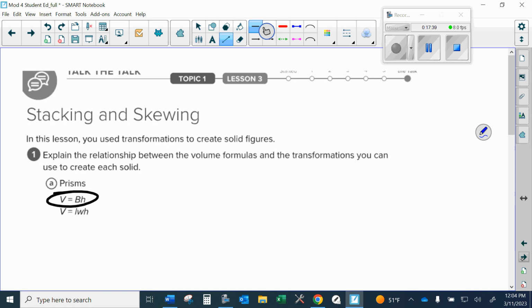Okay, almost done here. Explain the relationship between the volume formulas and the transformations you can use to create each solid. A prism: remember, this is the general formula for every prism or cylinder. This is the specific one for a rectangular prism.